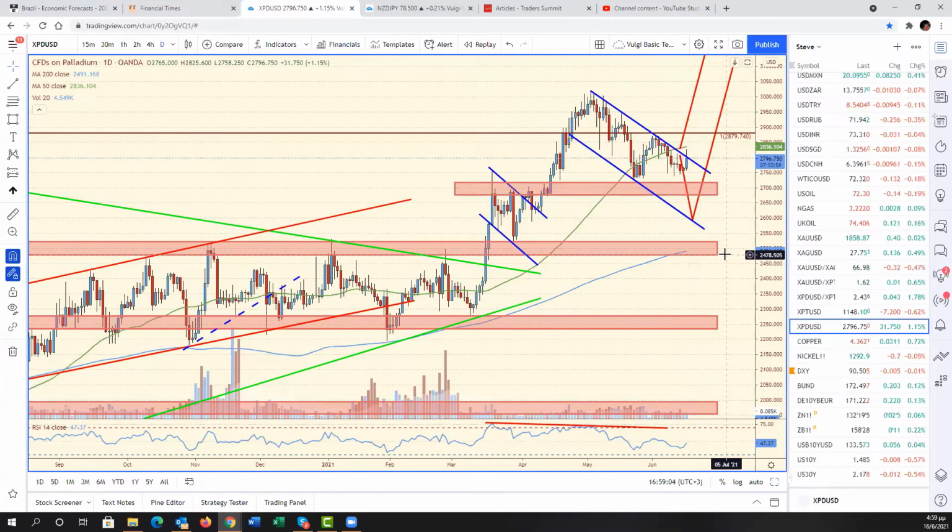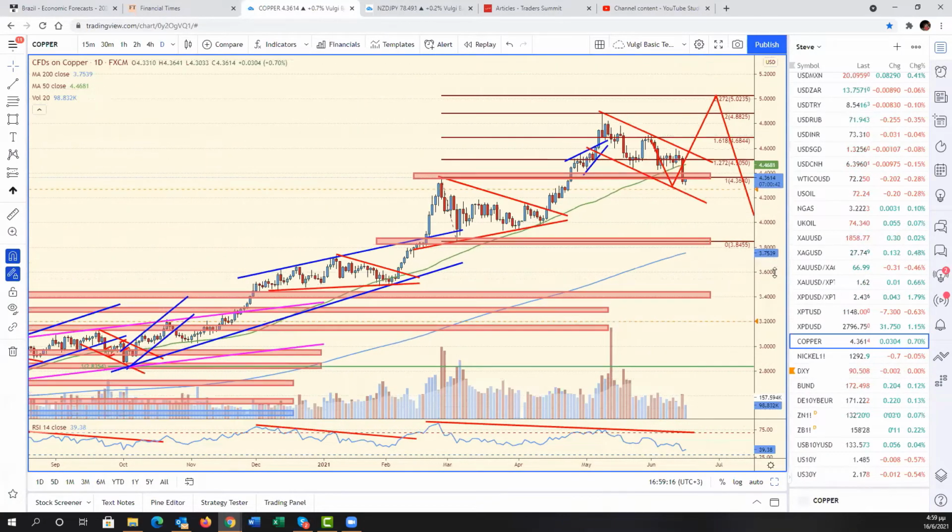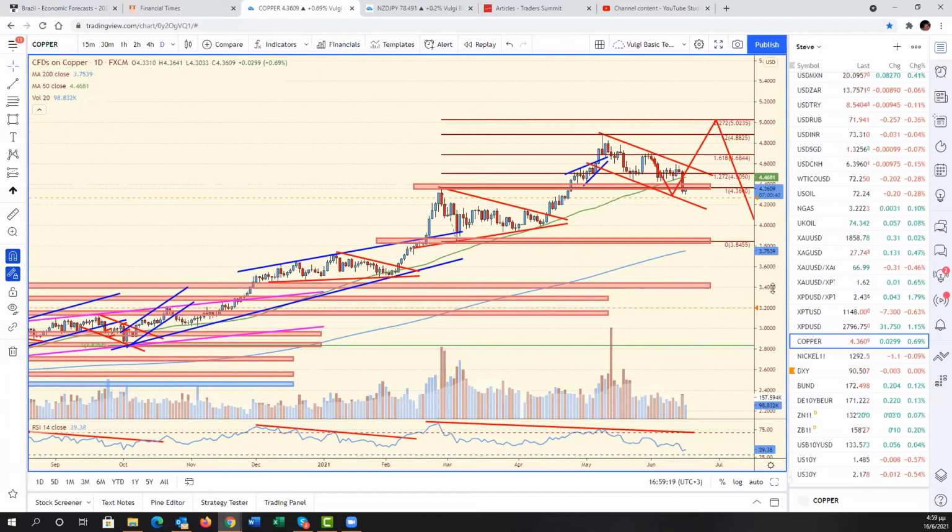Palladium seems to be eager to break out. As you see, it was breaking out earlier. It has now pared back some of its gains. We are toying around with breaking this channel's resistance. Copper has diverged a little bit from palladium, because at some point they were really very well correlated for a short period of time, but it's still within what looks to me like a corrective channel.